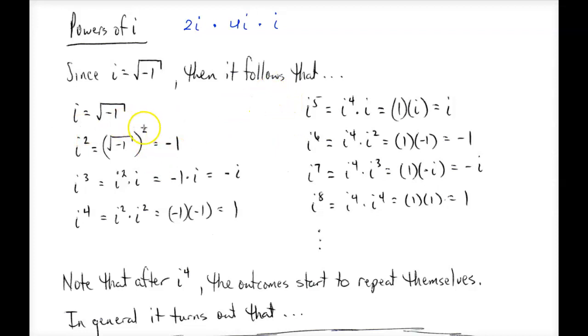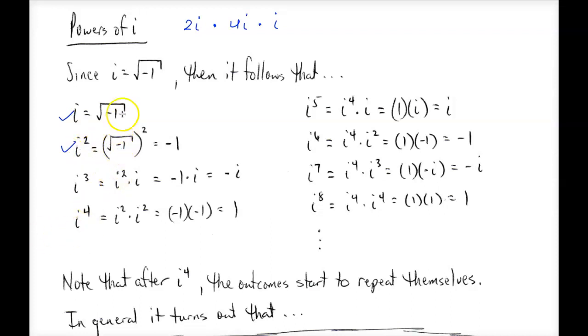And we're going to find out that as we multiply i times itself multiple times, there is a pattern that emerges. So we've already defined these two. i is equal to the square root of -1 by definition of what an imaginary or complex number is in the first place.